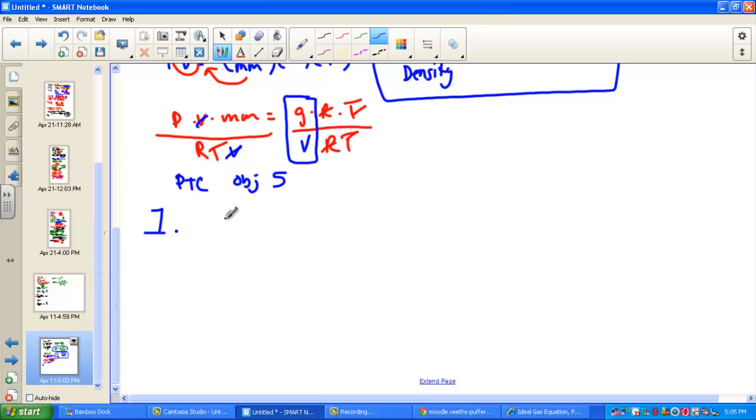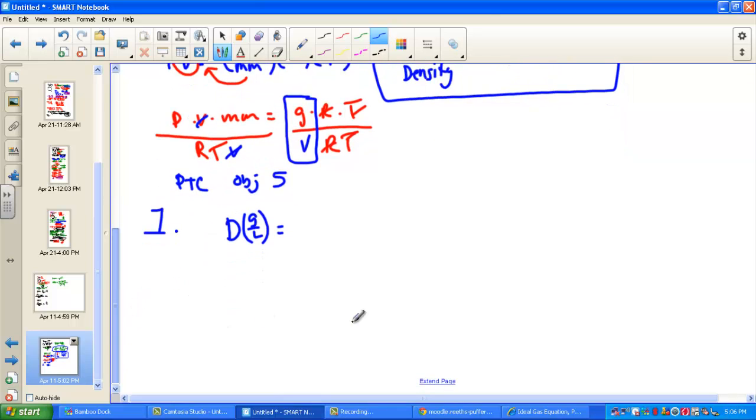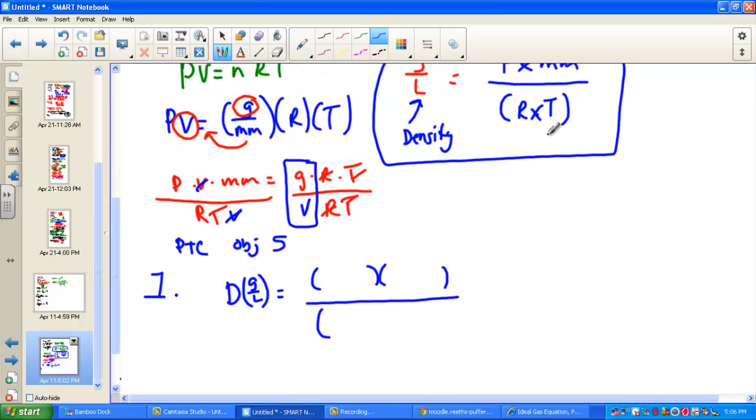Calculate the density, D, in grams per liter, just so we remember the unit there. Gram per liter is a density unit. Recall what we need: P times molar mass over R times T. Why don't we get our parentheses ready? Pressure times the molar mass over the product of R times T.